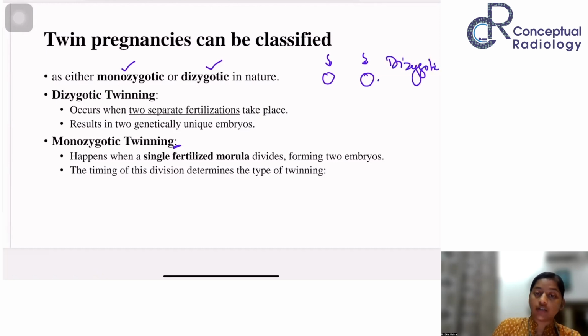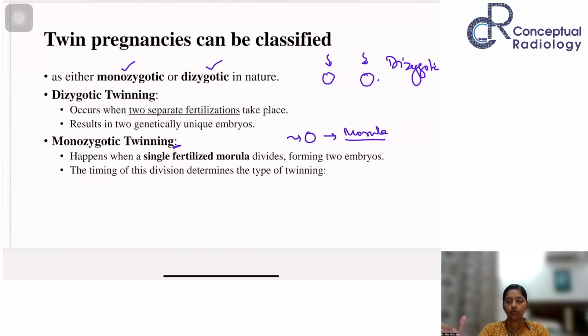And monozygotic twinning is when a single fertilization has happened and forms a morula, and this divides into two or more embryos. So this is basic. In dizygotic twinning, there are two separate events of fertilization, and they will result in two genetically unique embryos. Okay, so that's the basic difference.